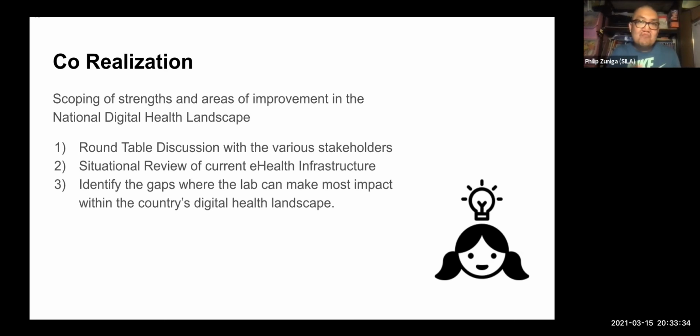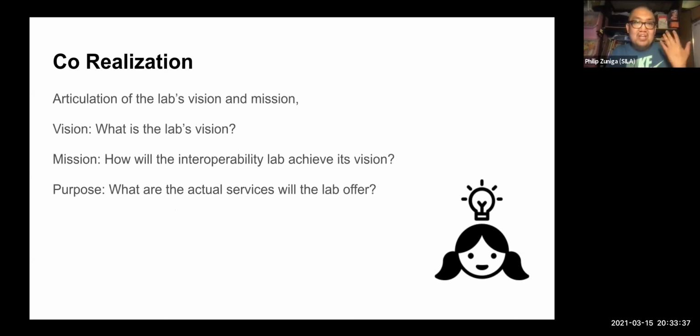So once we have done that, we can now define the vision and mission for the lab. So we will identify what will be the vision of the lab. So when we say vision, the idea here is where will the lab be 5 years from now?